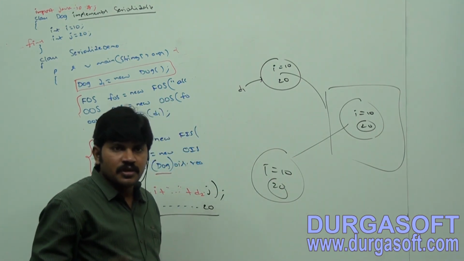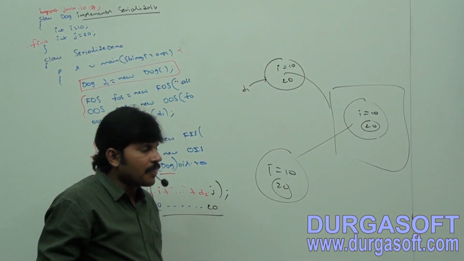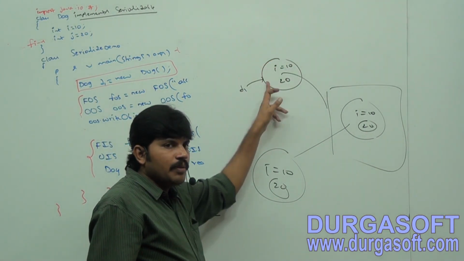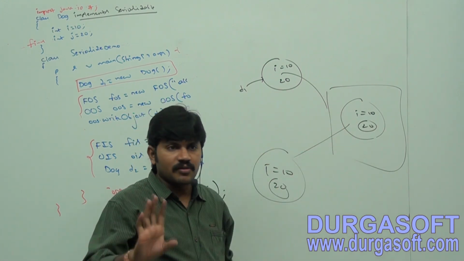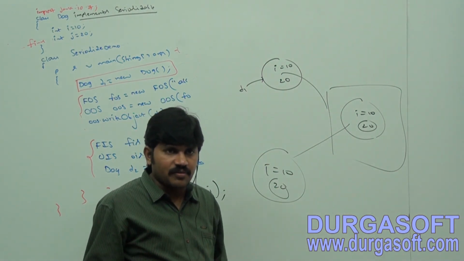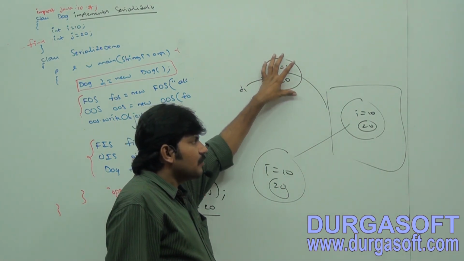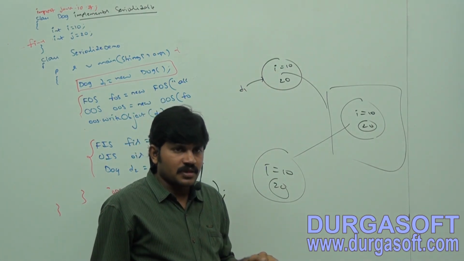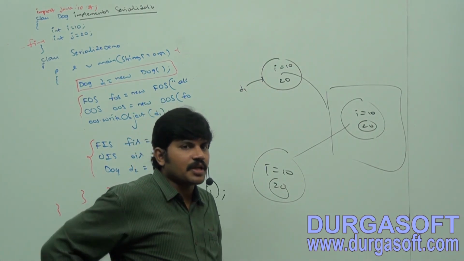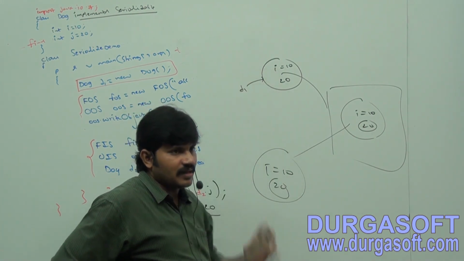Now my question is, every final variable will participate in serialization by the value, not in variable form. At the time of serialization, if it is a variable, then my JVM can check whether that variable is transient or not.